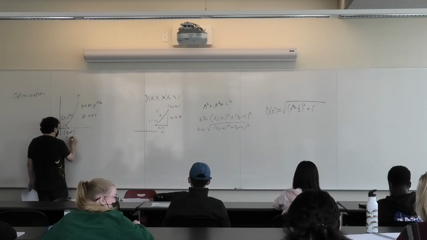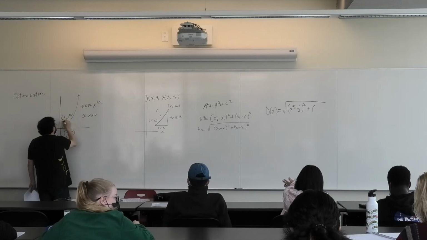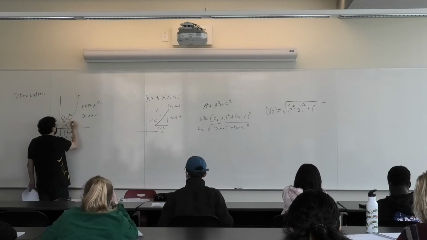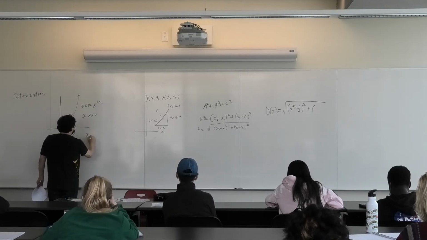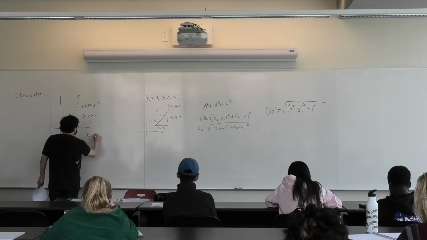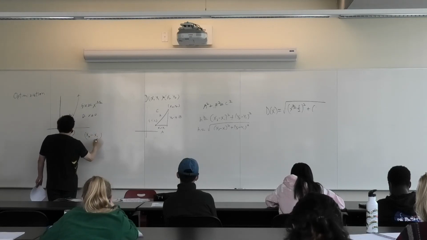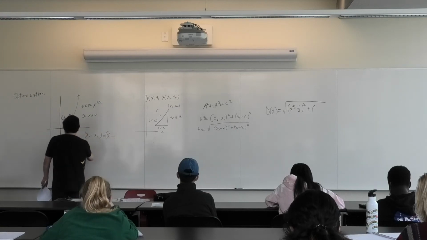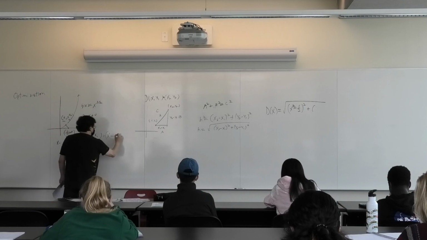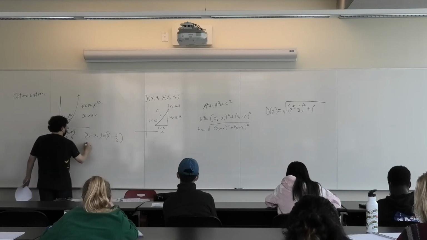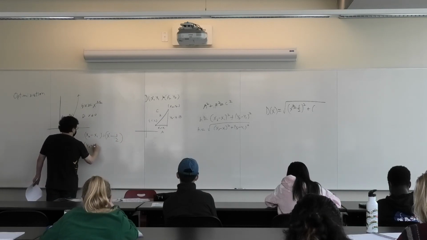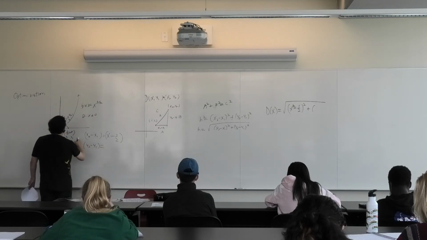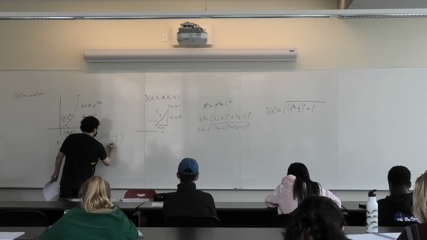It's like x1, y1, x2, y2. So x2 minus x1 is x minus a half. Similarly, y2 minus y1 would be x to the 3/2 minus 0.